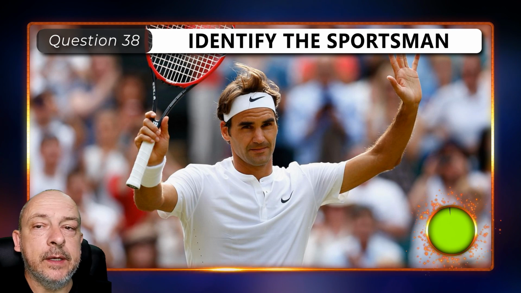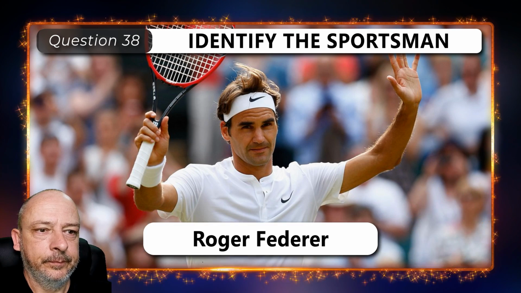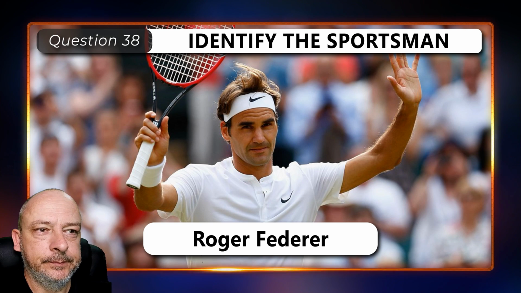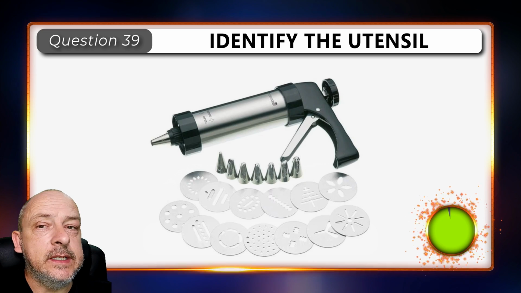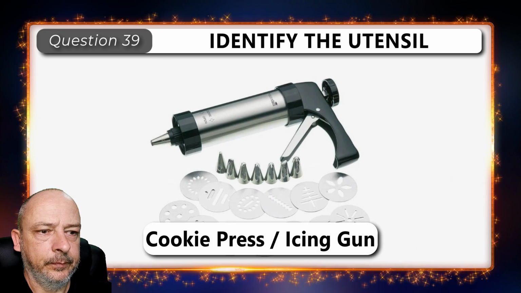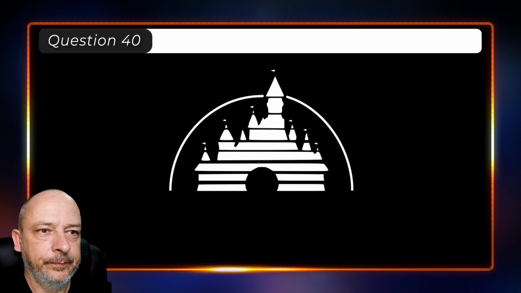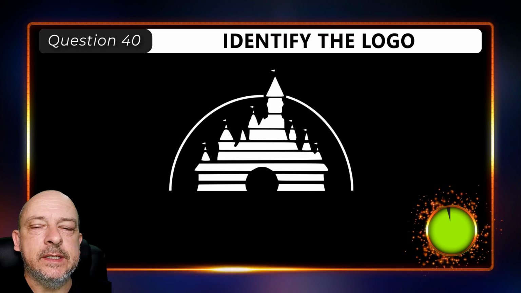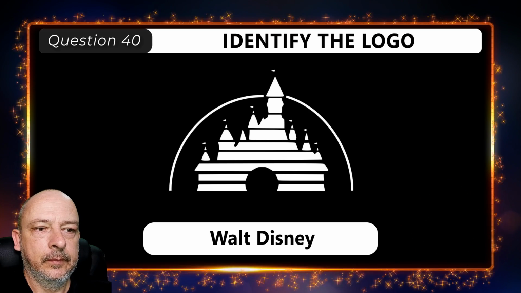Which sports player or sportsman is this? Roger Federer. What utensil is this? A cookie press or icing gun. What company is this? Walt Disney.